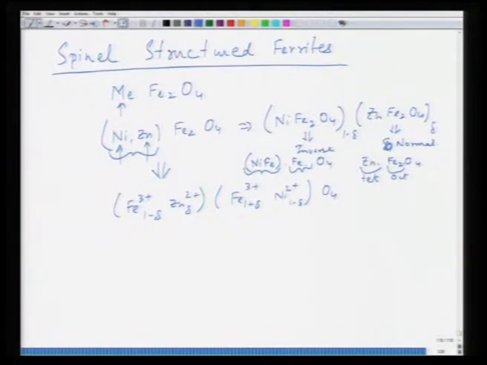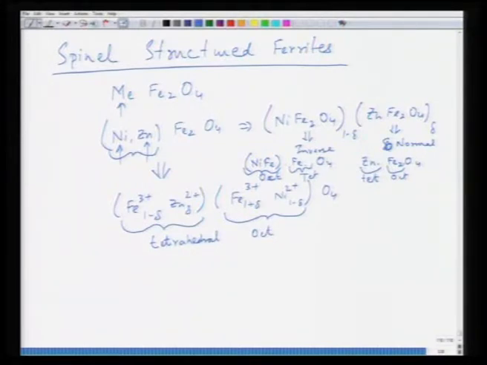So when you mix them together, iron atoms going to tetrahedral site in nickel ferrite combine with the zinc atoms which go to tetrahedral site. So iron and zinc combine with each other going to tetrahedral sites, and nickel and iron combine with each other to go to octahedral sites. So this is octahedral, this is tetrahedral, and that is how you distribute these ions with respect to each other.